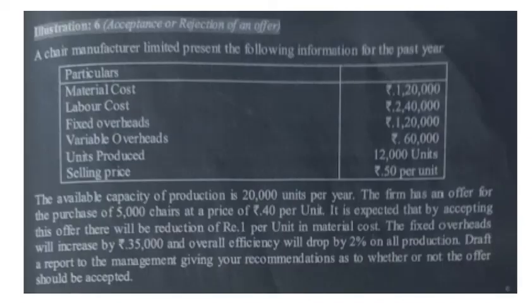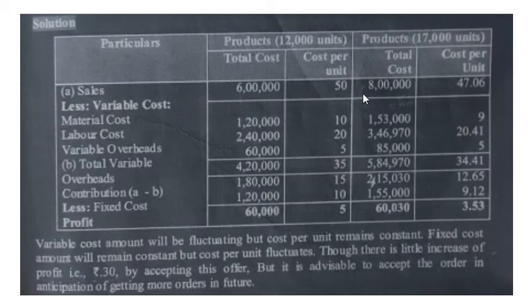Then it is mentioned that if you accept the order of 5,000 units at a price of rupees 40 per unit, as we have got 6 lakh for 12,000 units at 50 per unit, in the same way, when the proposal is accepted, it is increased by 5,000, so 12,000 units plus 5,000 gives you 17,000 units.